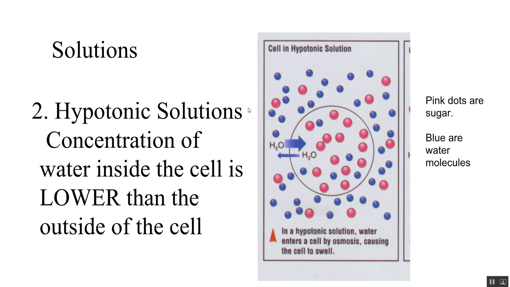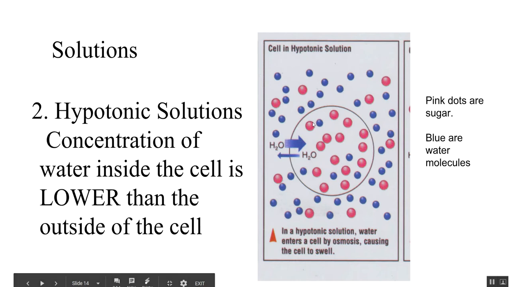The second type of solution is hypotonic, hypo meaning below. So in hypotonic solutions, the concentration of water inside the cell is lower than outside the cell. So what happens in a hypotonic solution is water enters a cell by osmosis, causing the cell to swell.